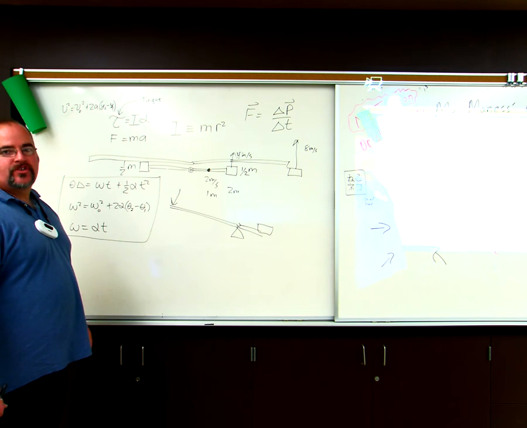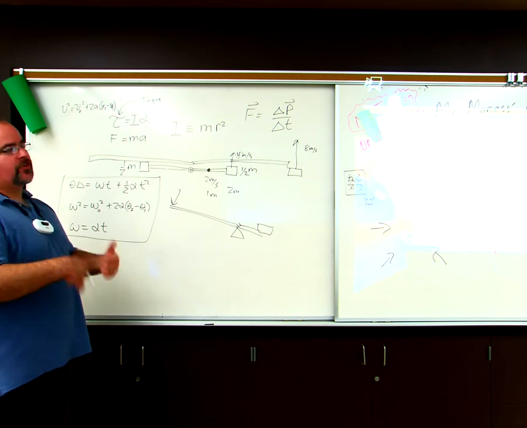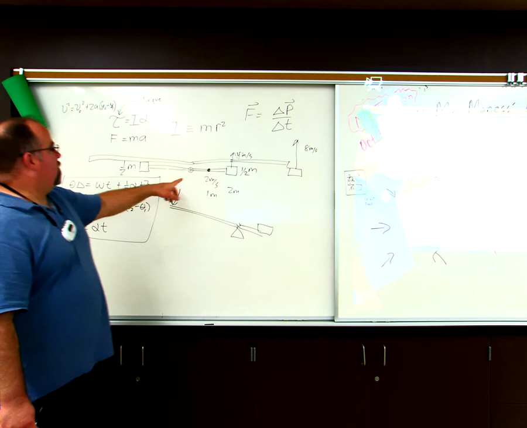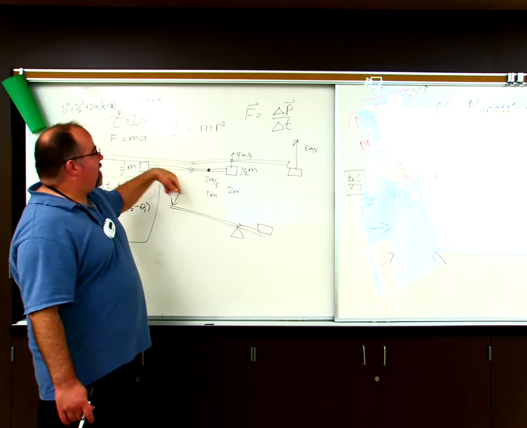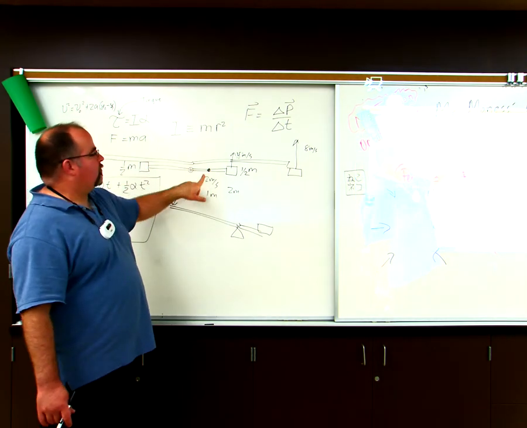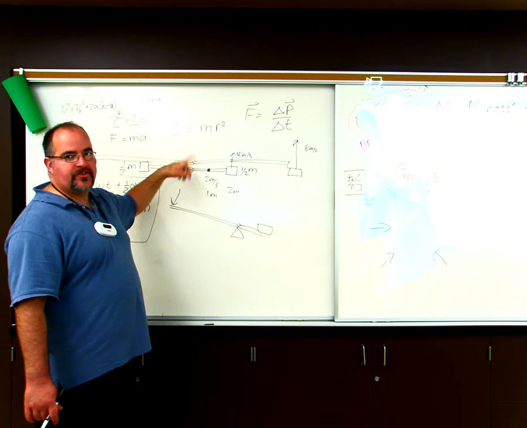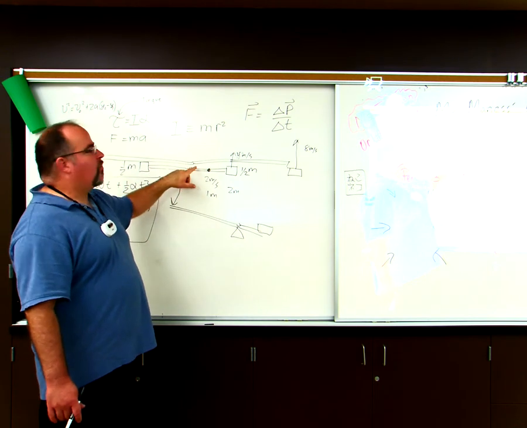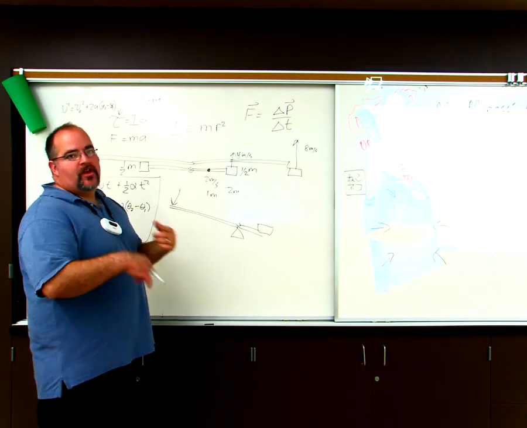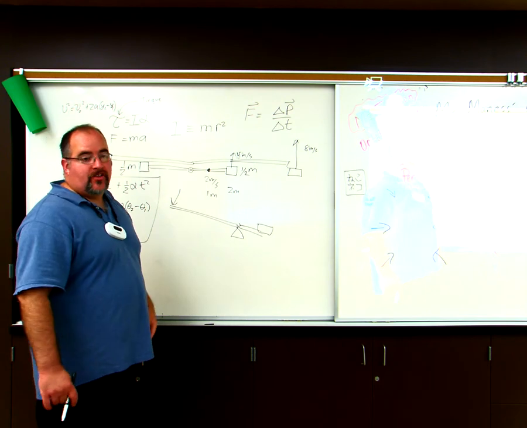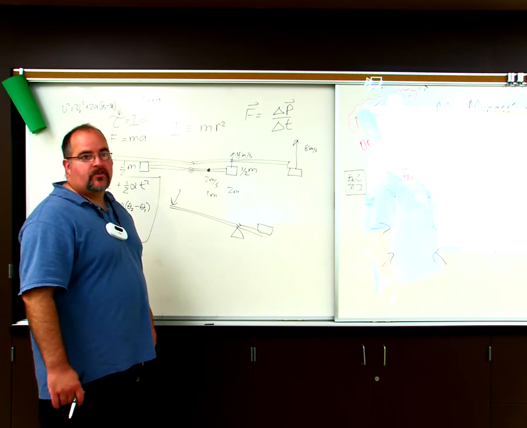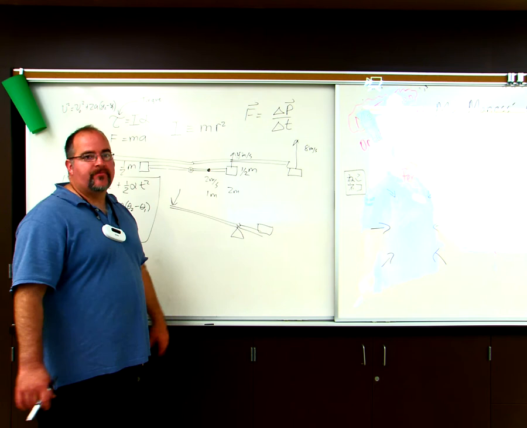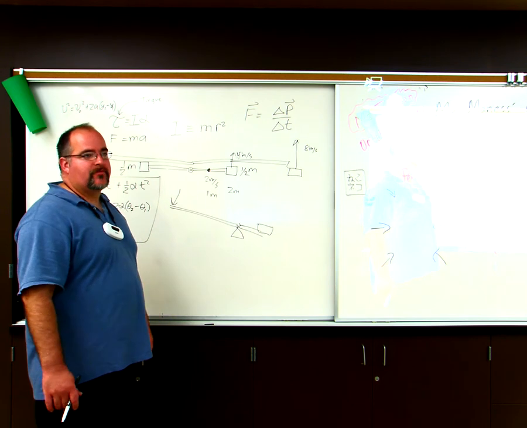It's like force in a circular system. How fast this starts rotating is proportional to the torque that you put on the system. So if you double the torque, what do you do to the angular acceleration? You double it. It's a linear relationship.